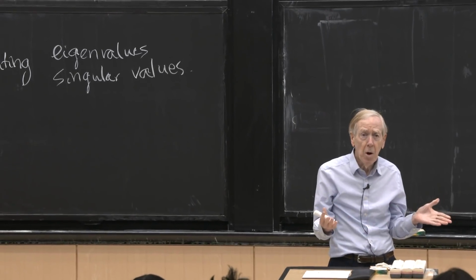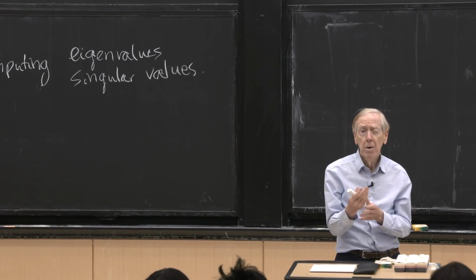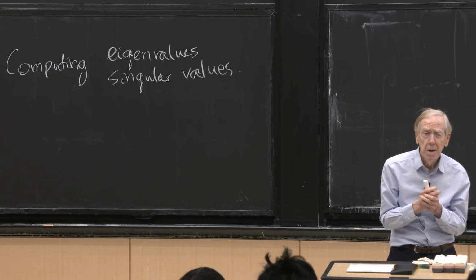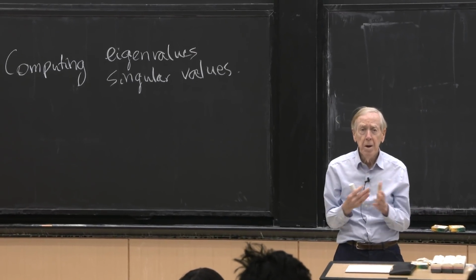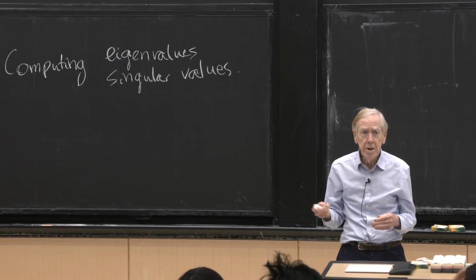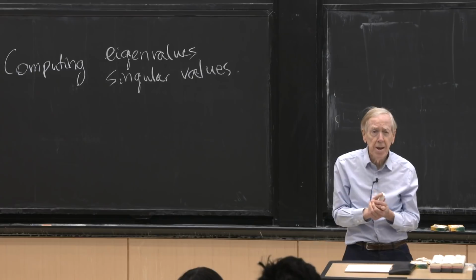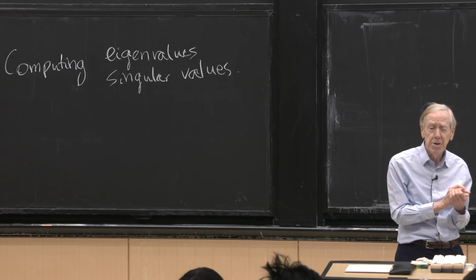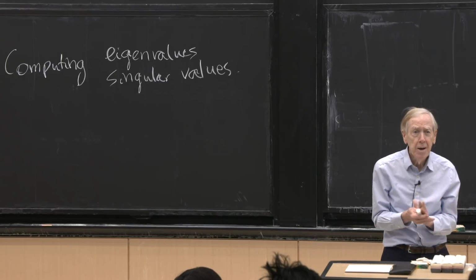Of course, you're going to call eig or SVD or the equivalent in Python or Julia, but actually the QR factorization that we spoke entirely about last time is the key.